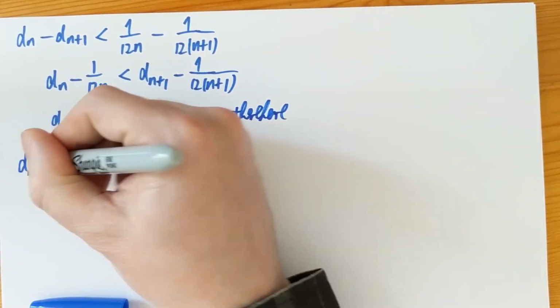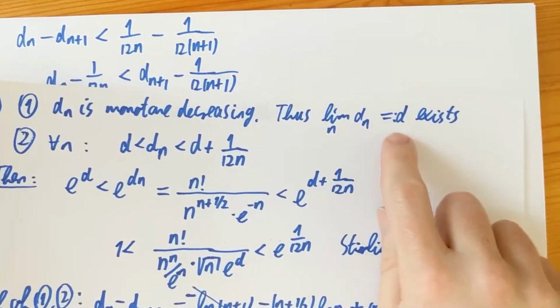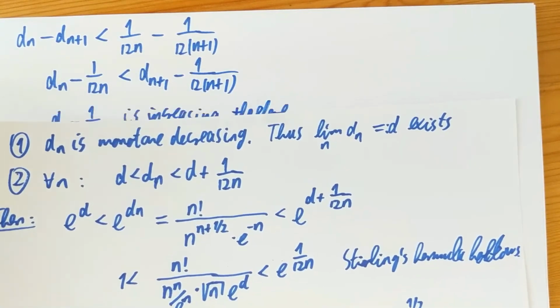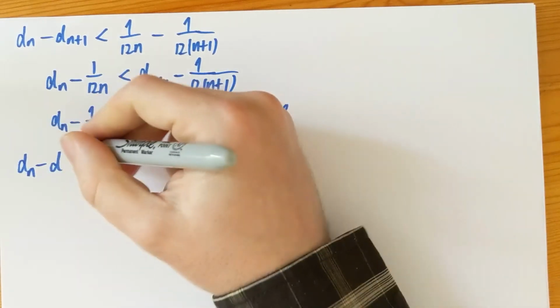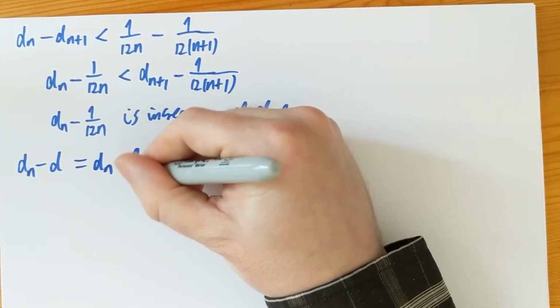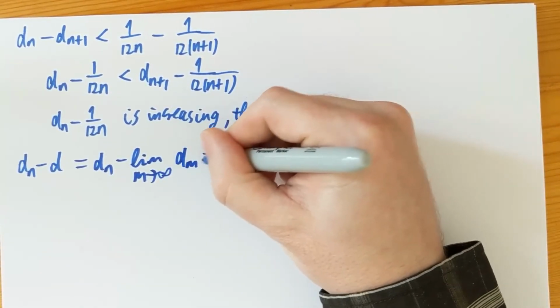So therefore, I can now do the following. Start with dn minus d. Remember that d is the limit of the dn, which I know exists because I already proved it's decreasing. dn itself is decreasing, so it will have a limit. Let me put that in. dn minus the limit as m goes to infinity of dm.